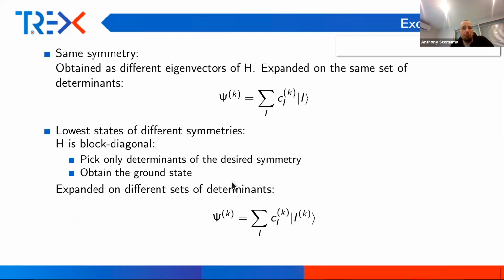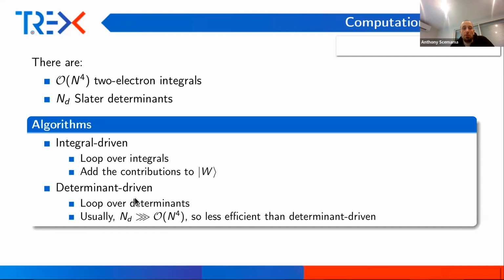But the thing is that CIPSI, which I'm going to introduce probably after the break, will use determinant-driven algorithms, and so really the code is completely different from the usual codes like Molcas, Molpro, GAMESS, because the engine to make the CI calculation has to be completely different, and all the code has to be thought in a different way, because you're no more iterating over integrals.